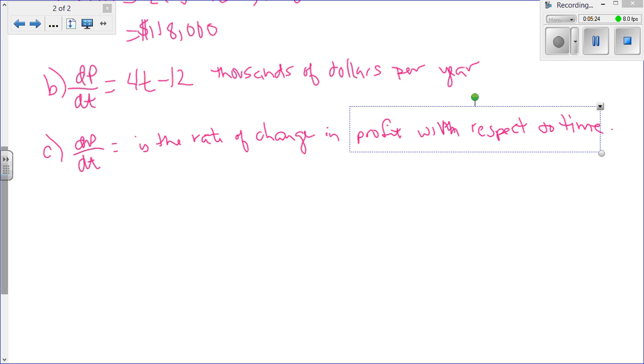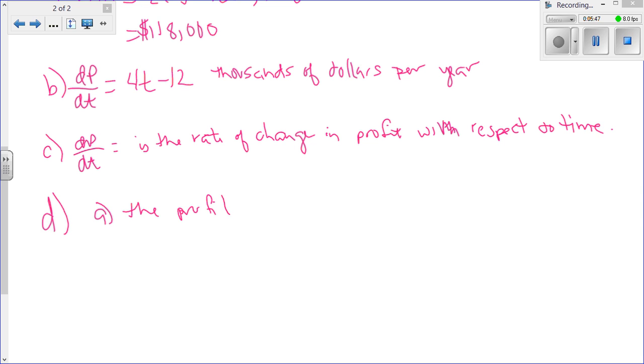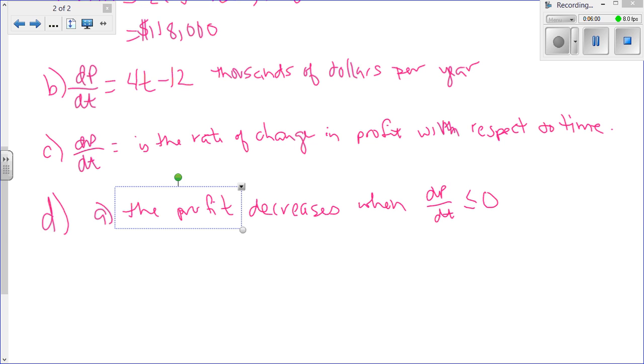Part D, for what values of t will the profit A, decrease and B, increase on the previous years? Well, for part A, the profit decreases when dP/dt would be less than or equal to 0.